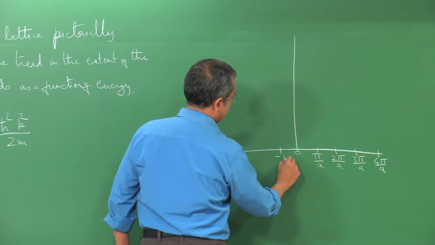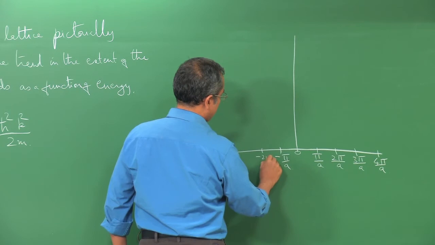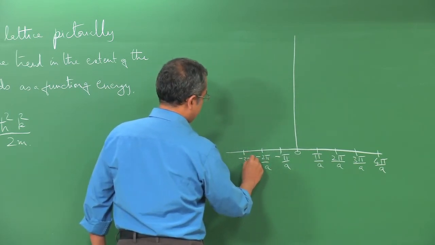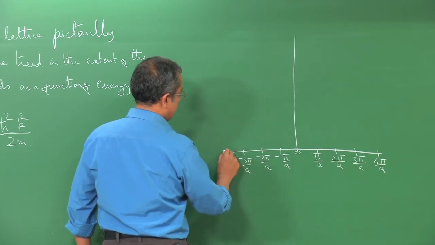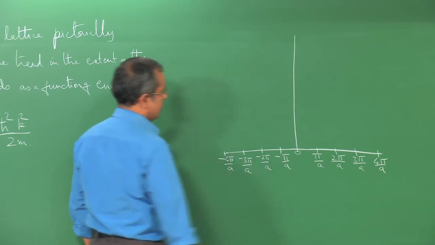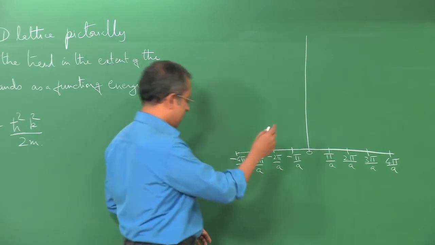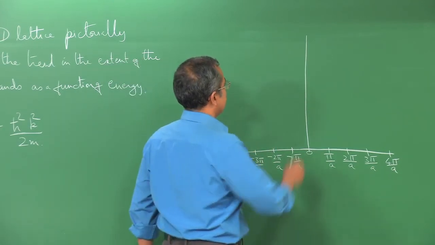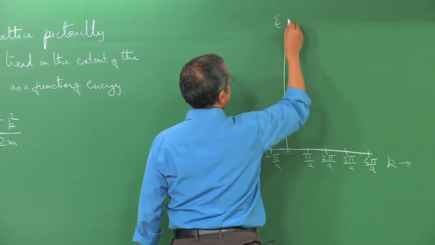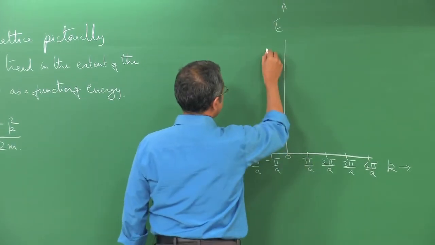We have minus pi by a or pi over a, if you prefer to call it that, minus 2 pi over a, minus 3 pi over a, and minus 4 pi over a. So, that is a matter of usage. Some people say pi by a, and some will say pi over a, but anyway that is the idea that we are trying to convey. So, this is K vector, this is energy heading that side, and so the Brillouin zone boundaries are here. So, we will just draw the Brillouin zone boundaries.